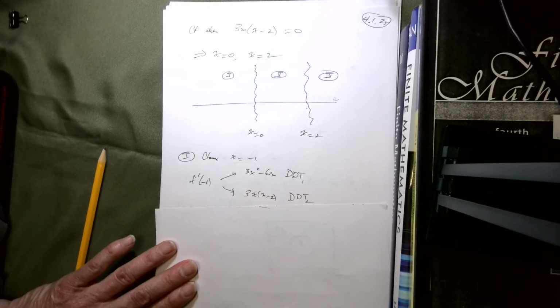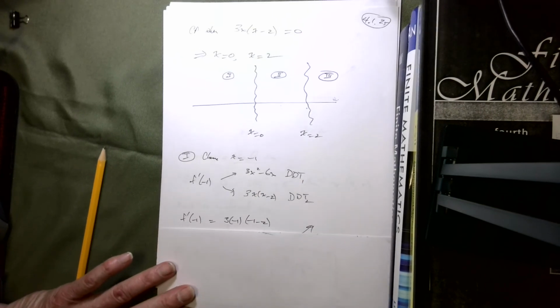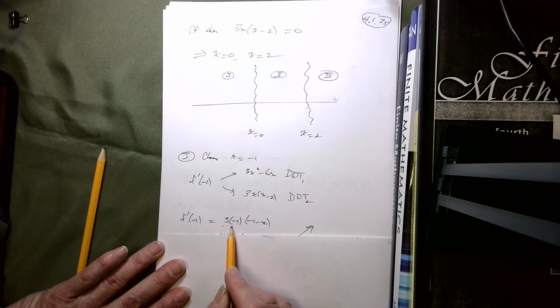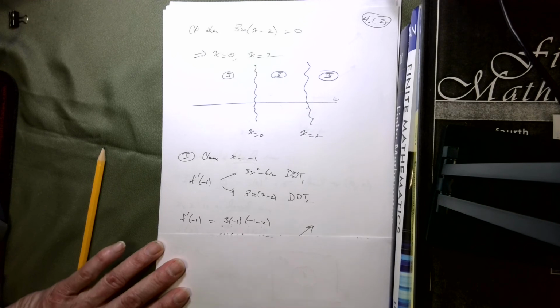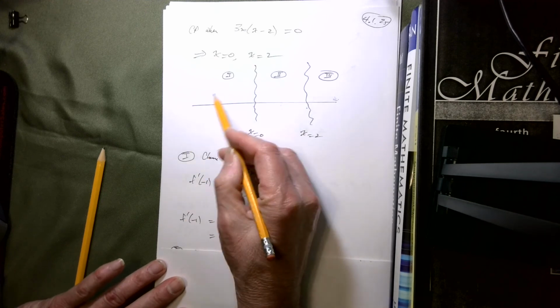Put it in the factored form. Okay? So if I put in a negative 1, I get 3, which is a positive number, negative 1 minus 2. Please don't tell me what this whole number is. Positive, negative, negative, which means it's positive, so that means it has to be increasing.